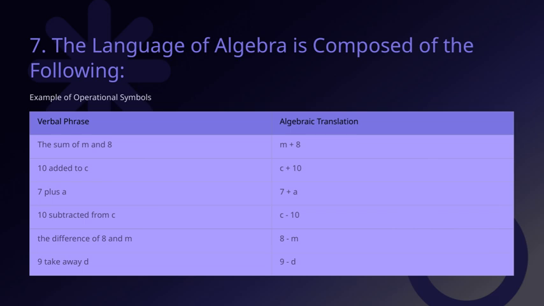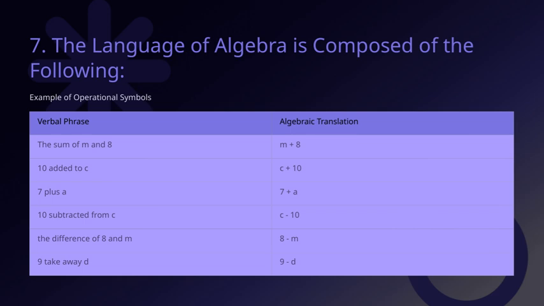Lastly, 9 take away d is expressed as 9 minus d, where take away also indicates subtraction. These examples highlight how specific words in everyday language directly translate into algebraic symbols. Recognizing these keywords helps us accurately form algebraic expressions from verbal descriptions, which is a fundamental skill as we continue exploring algebra.